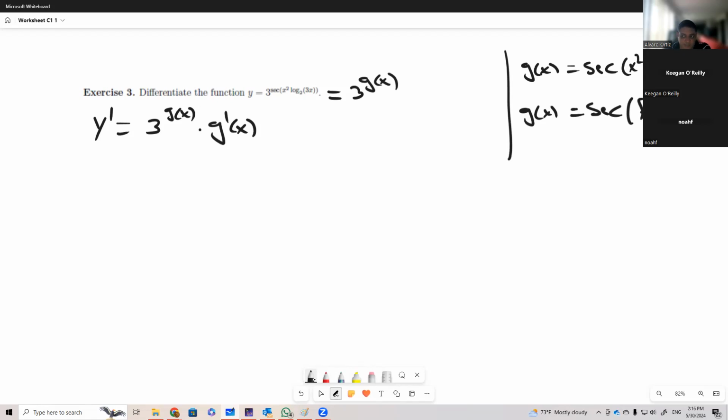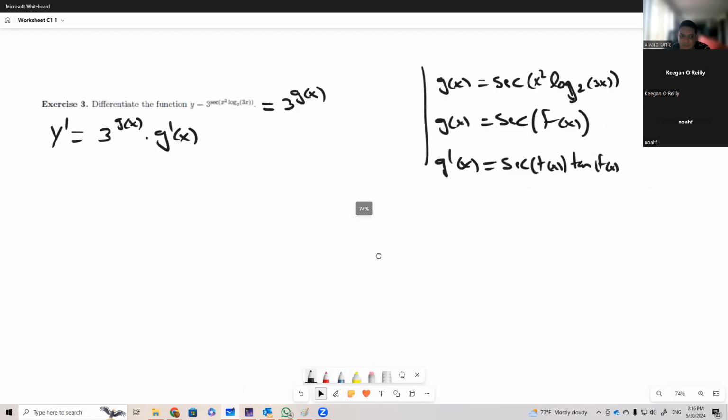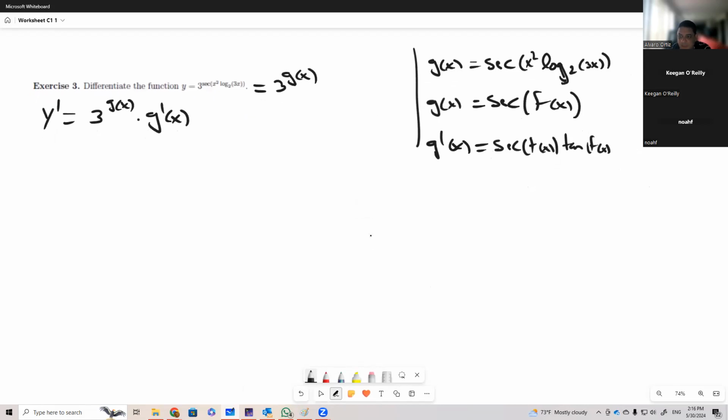And so what is g prime? Well, g prime is going to be the derivative of secant, which is secant of f of x tangent of f of x. Am I making sense so far? By f prime of x.